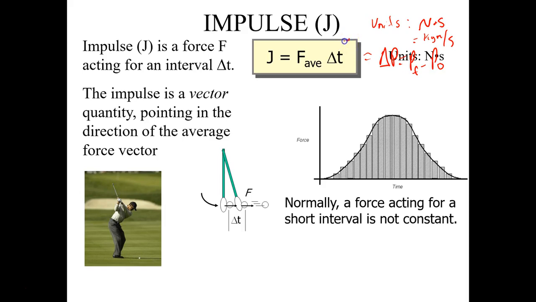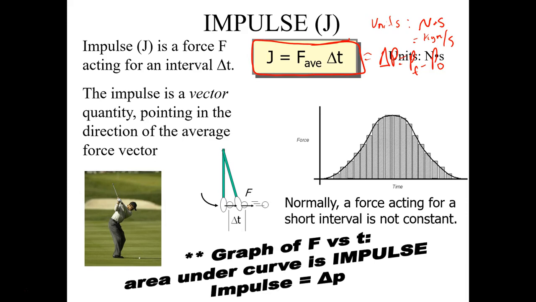This equation up here is really good if, say, we have a constant force or a linear force or something like that, where we can use the average force, or the average force is easy to find. However, a lot of times, average force is not easy to find, and maybe it's over a really, really short time interval.